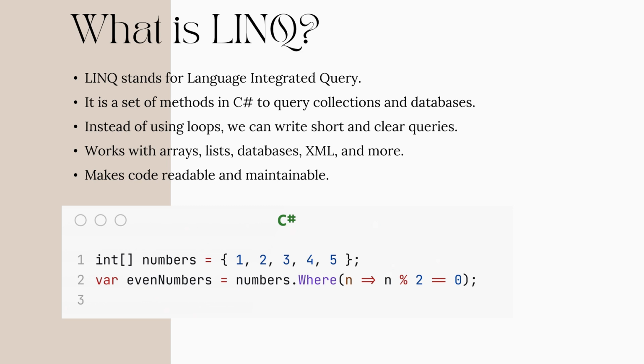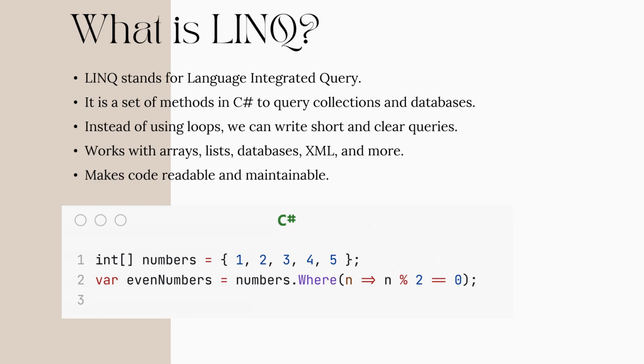LINQ is a set of methods in C# that allow querying collections and databases in a simple way. Instead of manual loops, we can write clear and efficient queries. And it works with arrays, lists, databases, XML, and more.